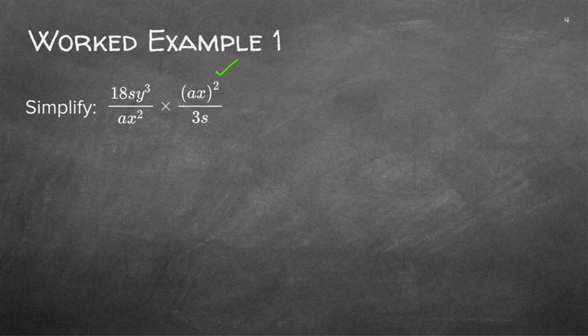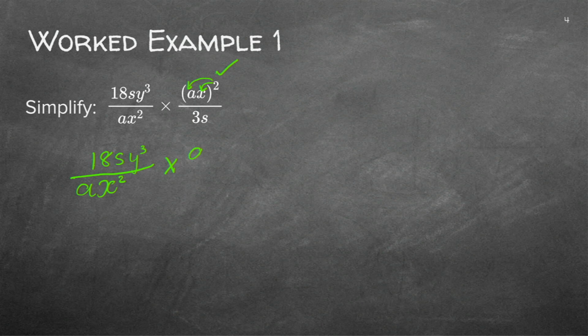So we are going to write 18sy to the power of 3 divided by ax squared. So I didn't do anything to the left hand side, and I will say this is times. So the laws of exponents say we need to bring in the exponent to every value that's inside the brackets.